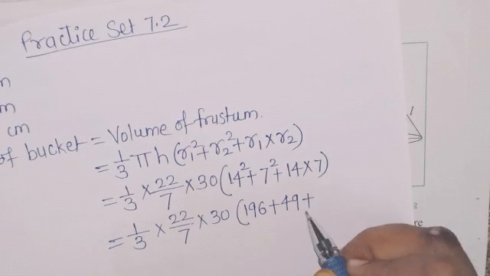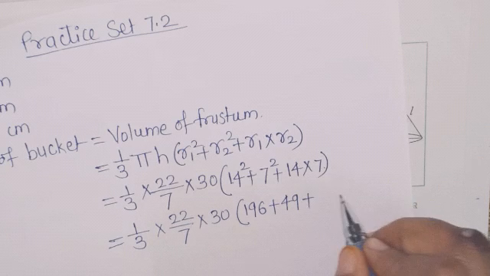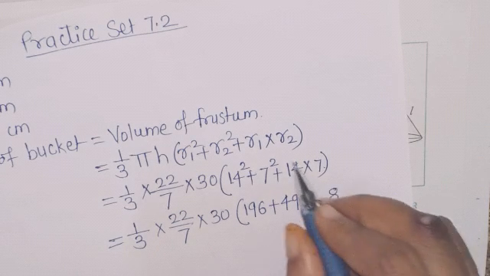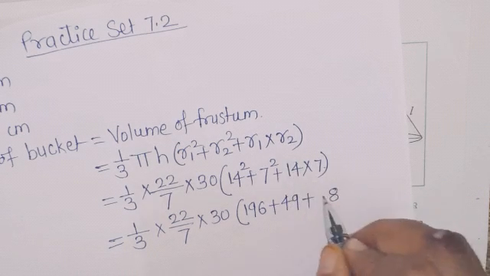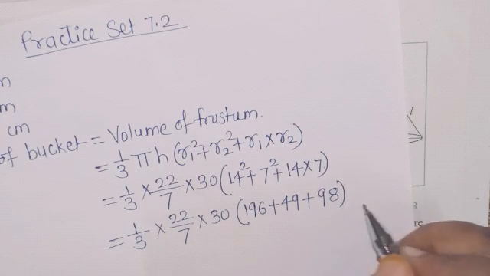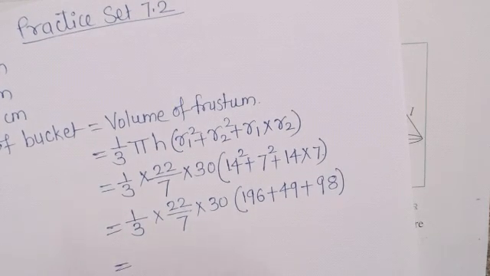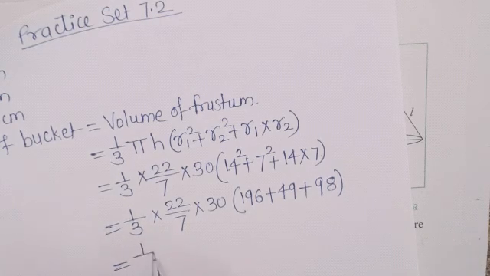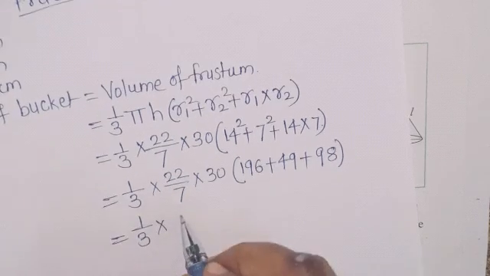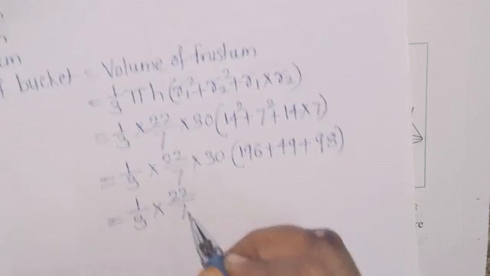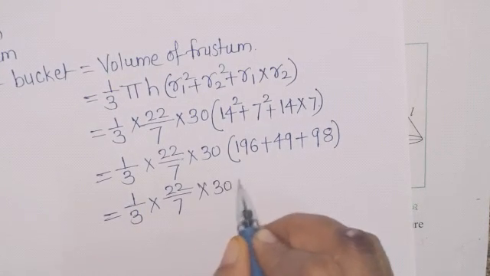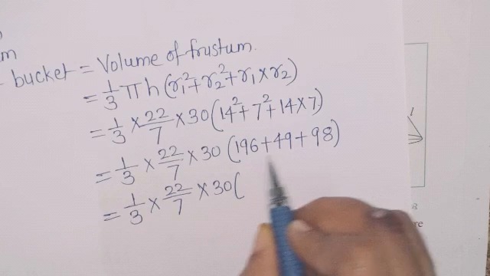Now 14 sevens are, 7 fours are 28, carry 2, 7 ones are 7 plus 2, 9, so 14 sevens are 98. 1/3 into 22/7 into 30 into bracket. Now we have to add this.